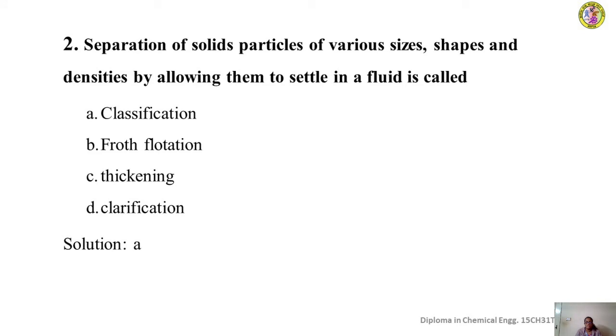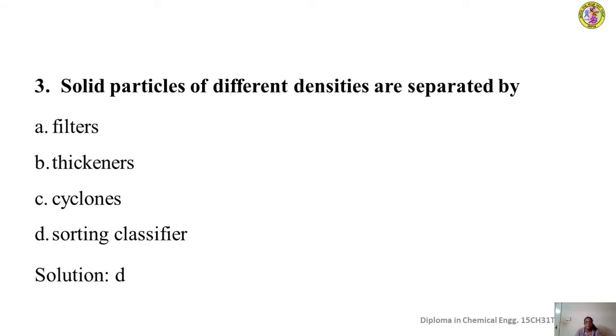Separation of solid particles of various sizes, shapes and densities by allowing them to settle in a fluid is called classification. Solid particles of different densities are separated by equipment called sorting classifiers.